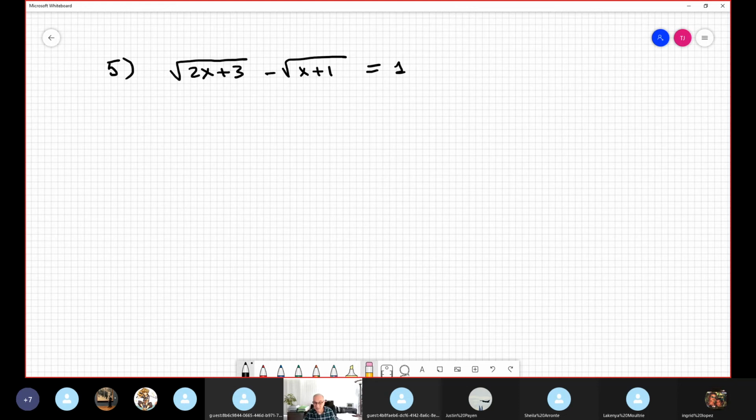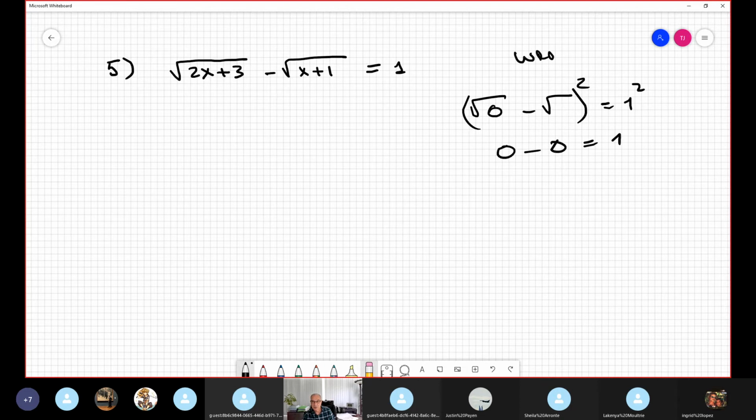What is the typical mistake I see every day? Some students say radical something minus radical something equal 1, and square both sides. And you see this something minus this something equal 1. This is wrong, completely wrong. You cannot do that.